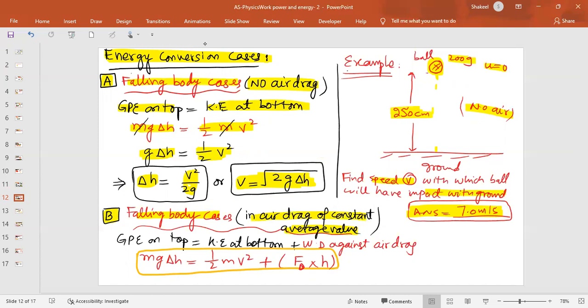So the same case with air resistance. GPE on top is equal to kinetic energy at bottom plus work done against air drag, because air resistance is an opposing force. So work is done against air resistance to keep the body moving. GPE on top is mgh, kinetic energy is half mv squared, and work done against air drag is F d, which is air drag into height.